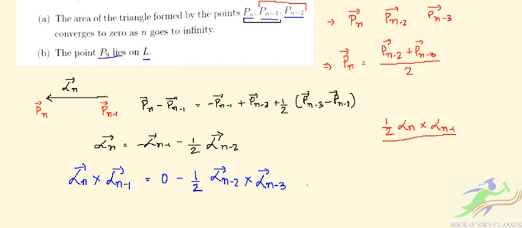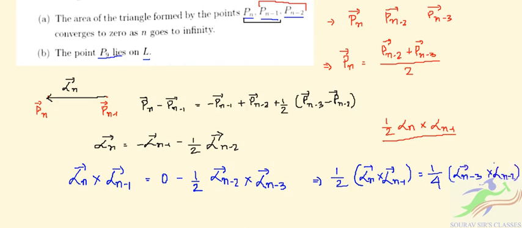Okay, so if we multiply both sides by half, half of ln cross ln minus 1 equals 1 by 4 ln minus 3 cross ln minus 2.